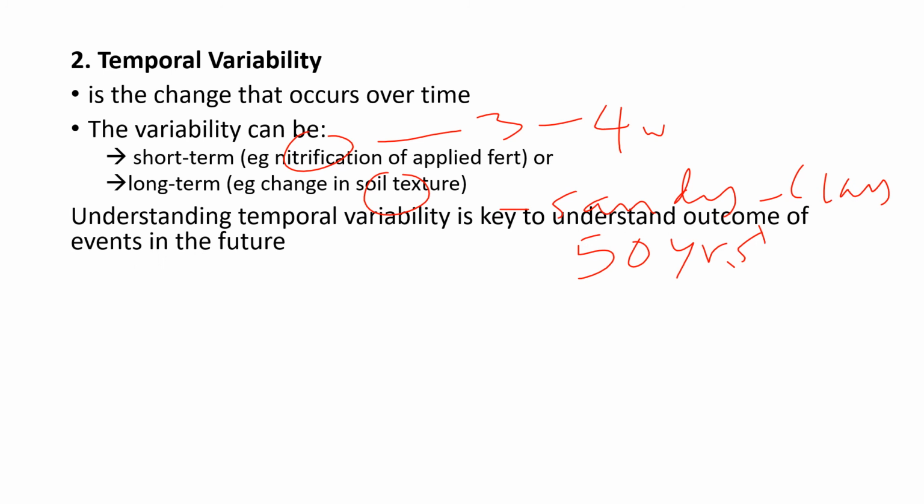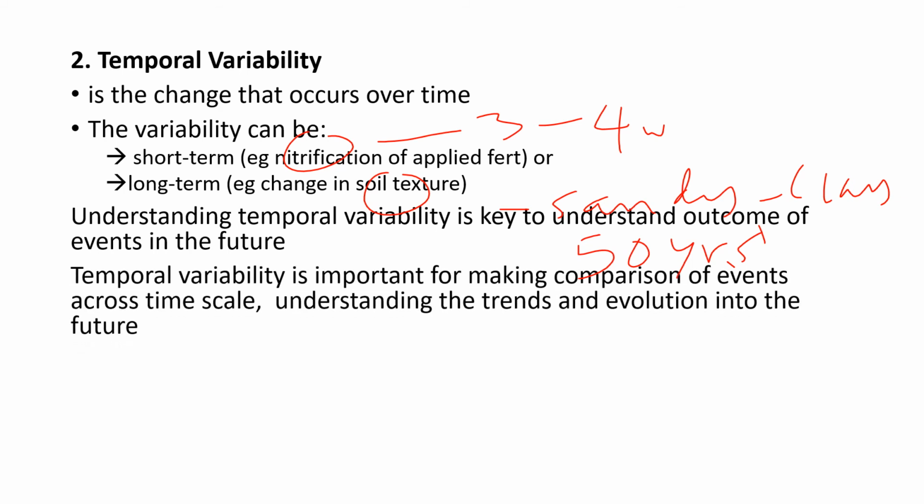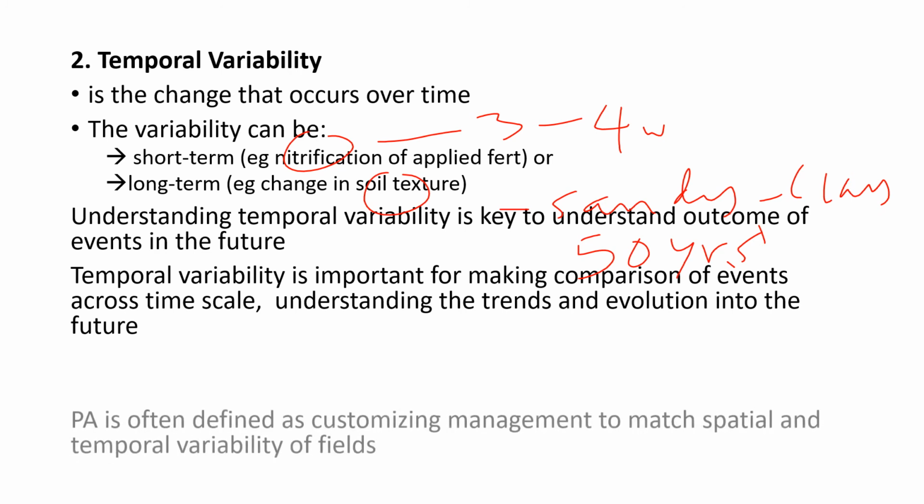Now, why should we understand the temporal variability? We need to understand this because it is the key for understanding the outcome of events in the future. Temporal variability is important for making comparison of events across time scales, but also understanding the trends and evolution into the future.